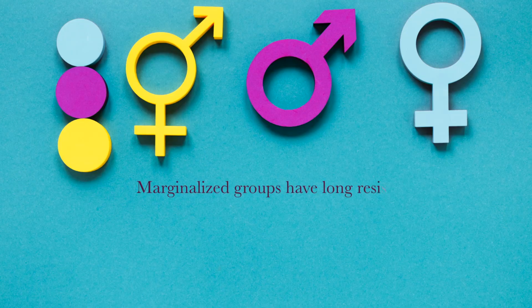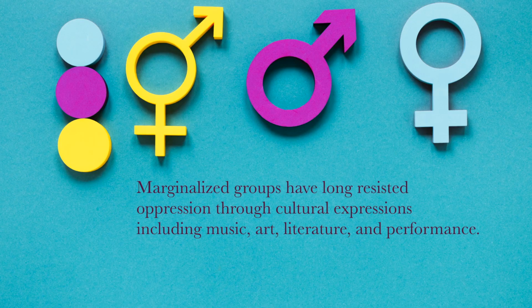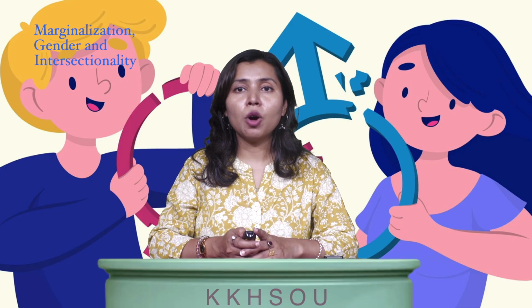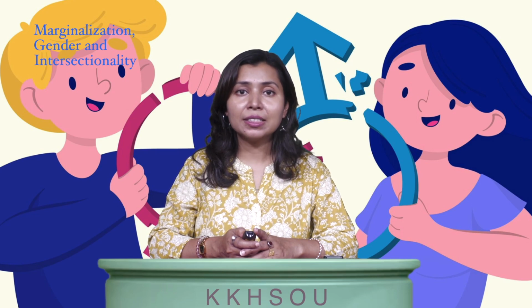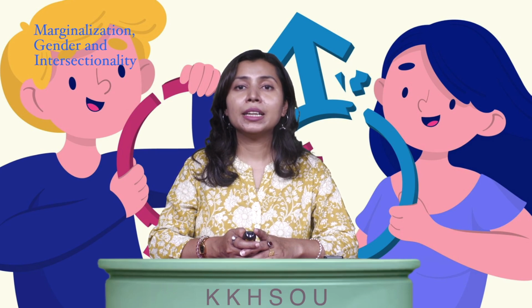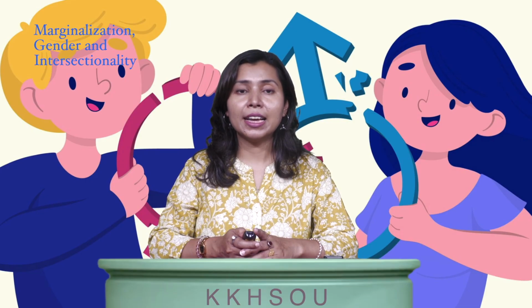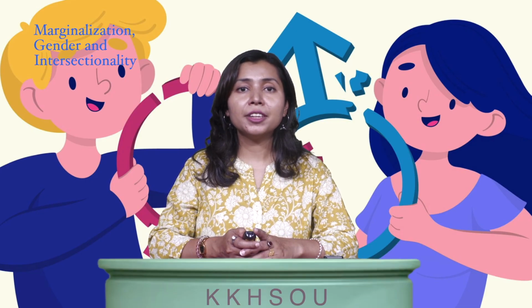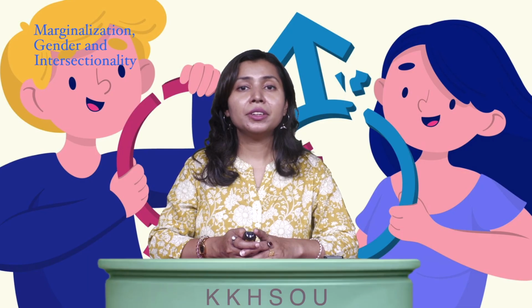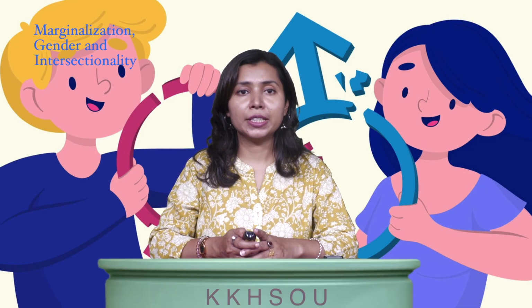Marginalized groups have long resisted oppression through cultural expressions, including music, art, literature, and performance. These cultural forms serve multiple functions: documenting experiences of marginalization, building solidarity and collective identity, challenging dominant representations, and imagining alternative futures.